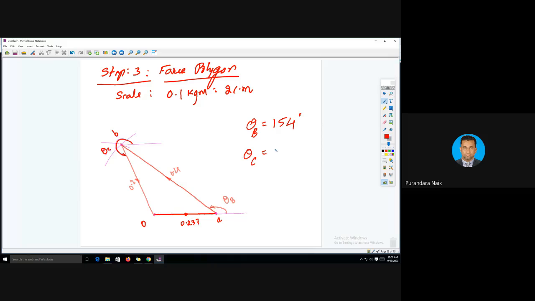Next, theta C. 312. Okay, very good, 312 is okay, no problem. But the actual angle is 306. Okay, this is the first condition. For condition 1, we need to find theta B and theta C.